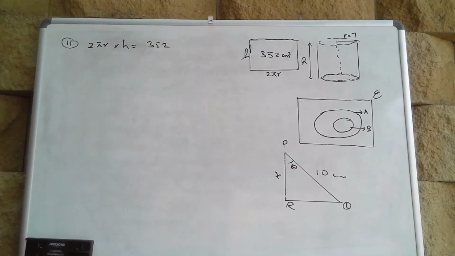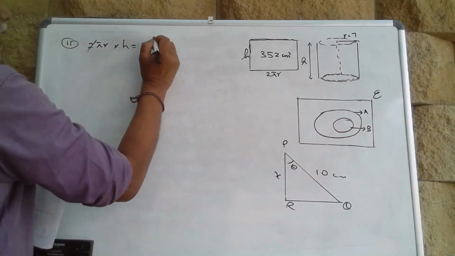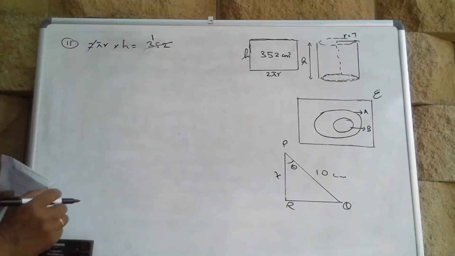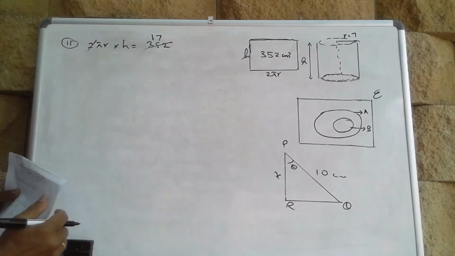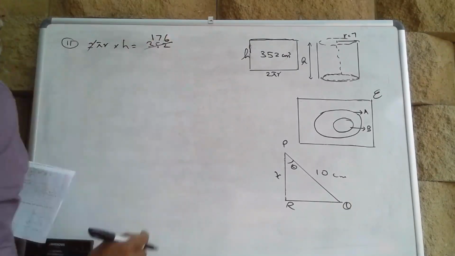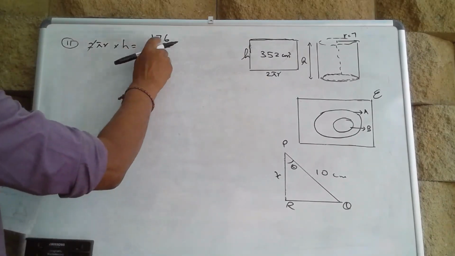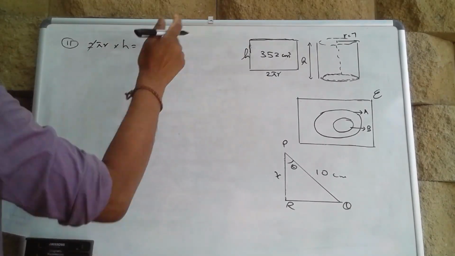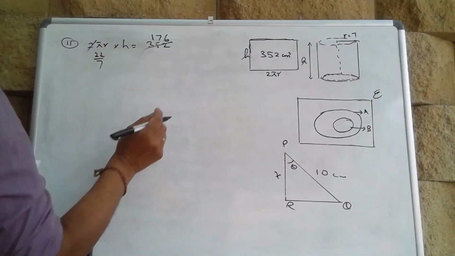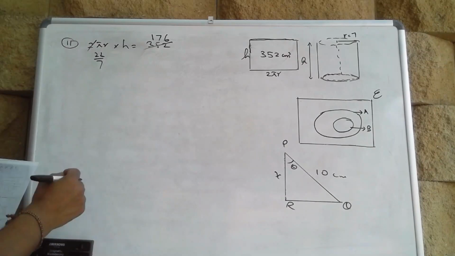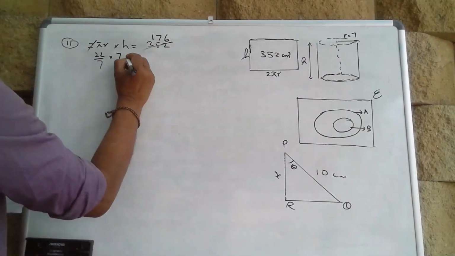Now you can simplify that. 2 times 1, 1 remainder, 2 times 7, that's 176. Now, I know pi is going to be 22 over 7. That's always given in the exam paper. Times r is 7, times A equal to 176.